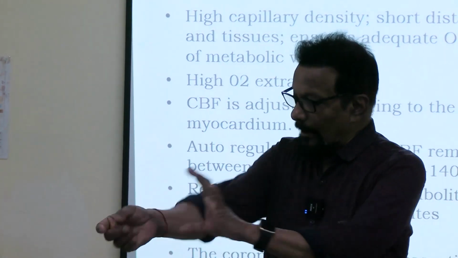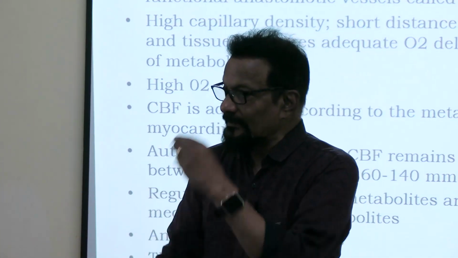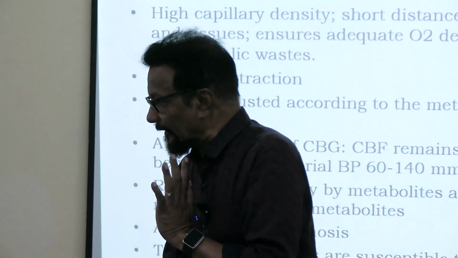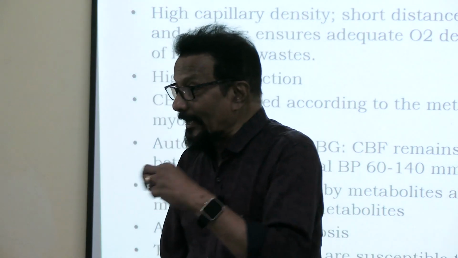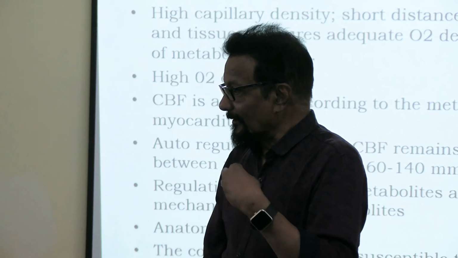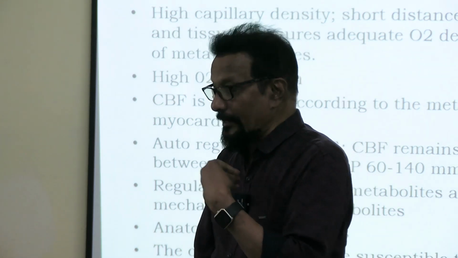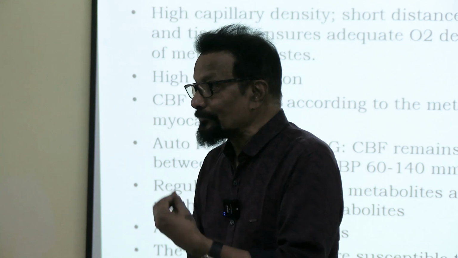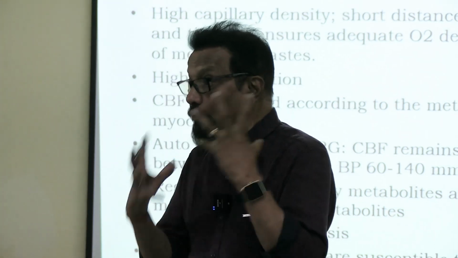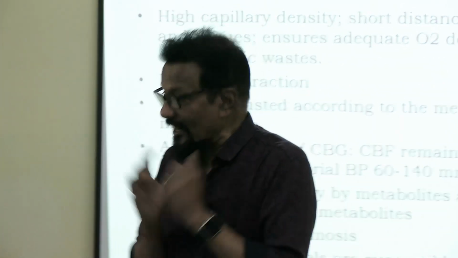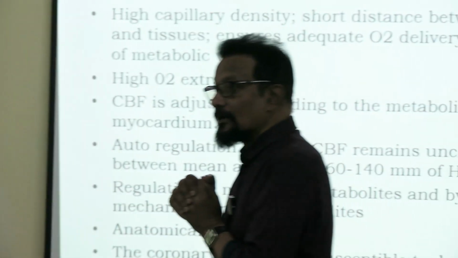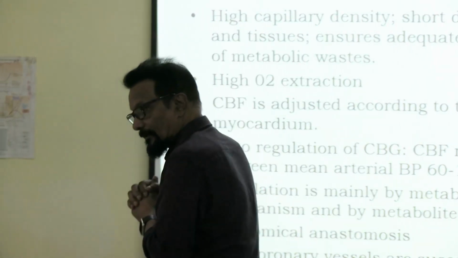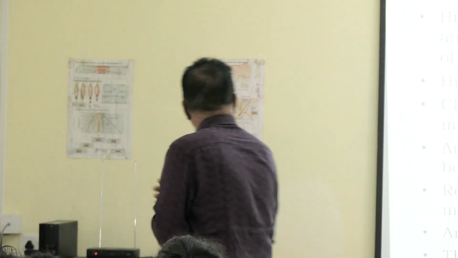The venous blood coming from my other tissues has nearly 13 to 14 ml, whereas venous blood coming out of the cardiac muscle has only 5-6 ml. Most of the oxygen is extracted by the ventricular muscles, by the myocardium. So that means it has high oxygen extraction capacity. Is that point clear to you?